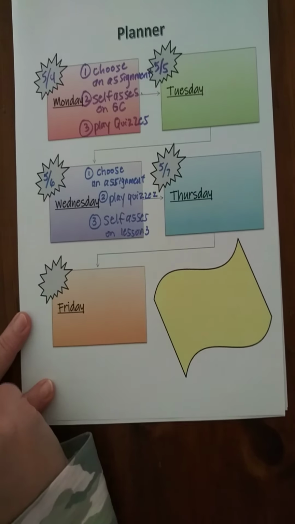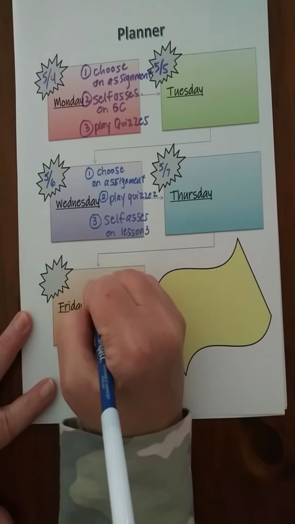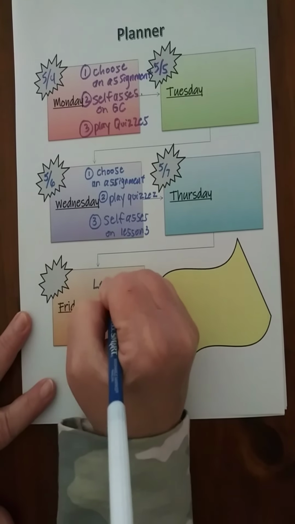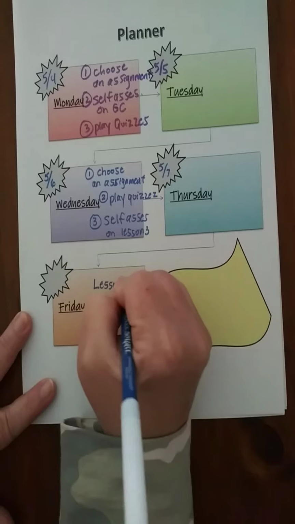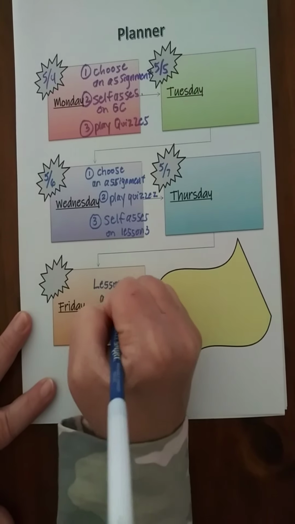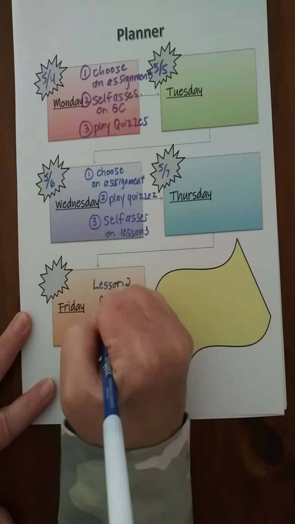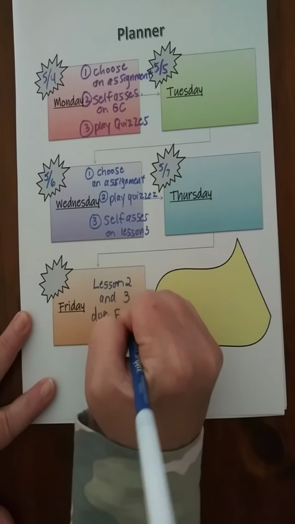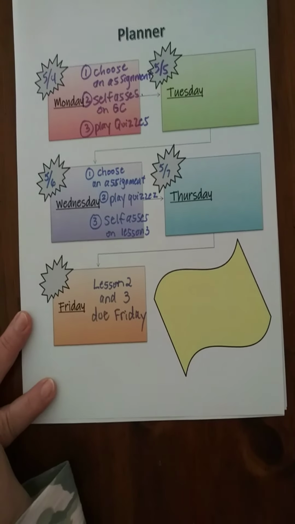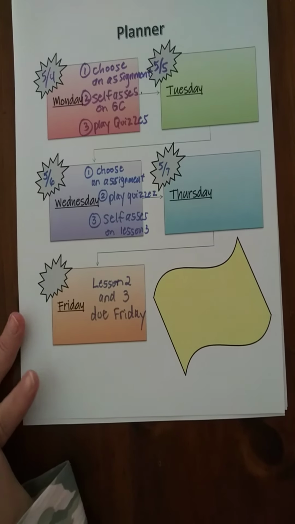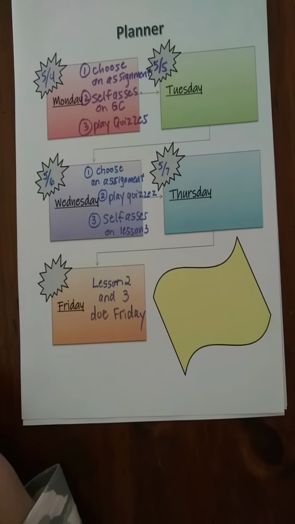Now, don't forget everything is due Friday. So lesson 2 and 3 due Friday. Okay, so you have to have it turned in by Friday because I have to compile a list of people who aren't participating and turn that into the office every week. Okay? If you have any questions, remember to just send me an email.